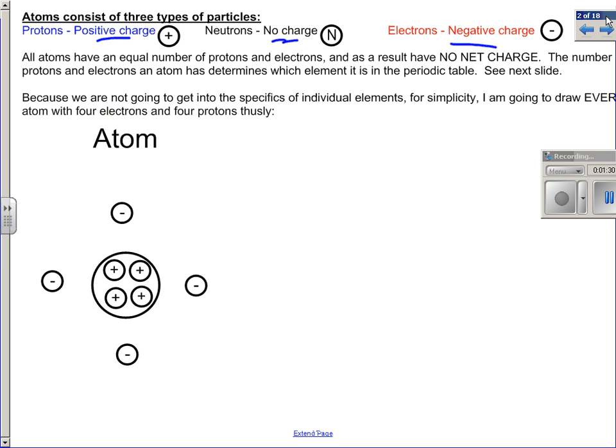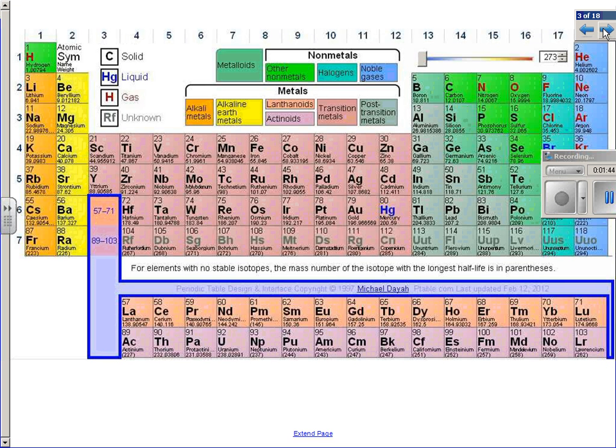All right, so all atoms have an equal number of protons and electrons, and as a result, they have no net charge. The number of protons and electrons that an atom has determines which element it is in the periodic table. So, for example, if you look at the periodic table, right here is carbon. Carbon has 6 electrons and 6 protons.